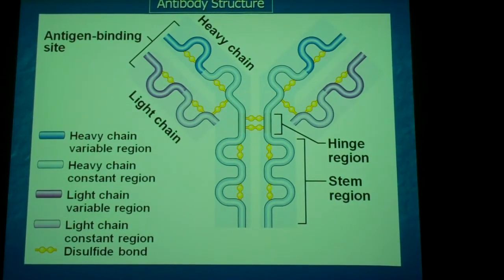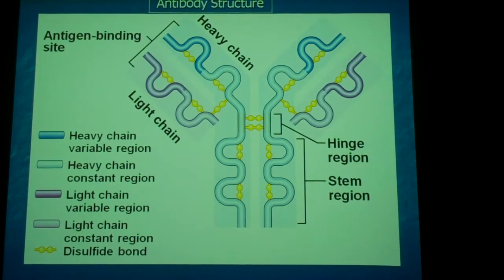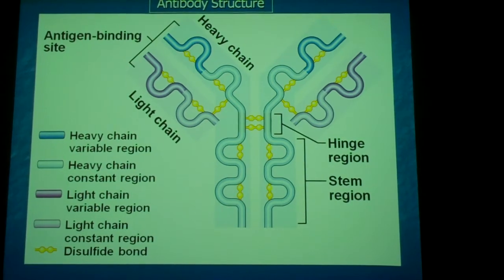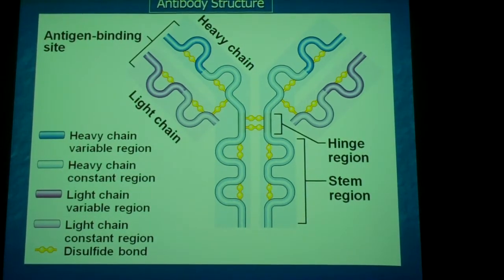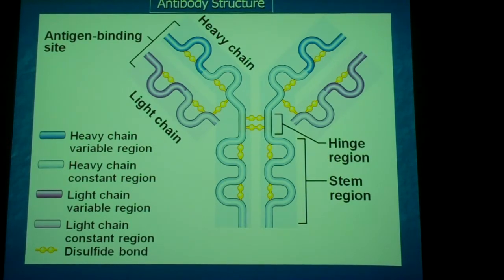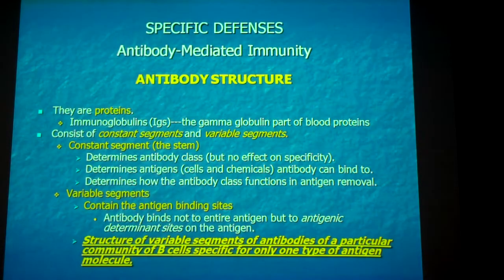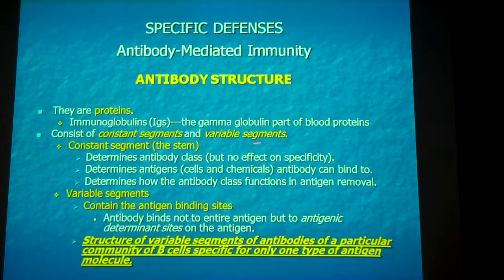Any other antigen won't act against it. So antibodies are specific against one particular antigen because they recognize only the specific molecular structure of the antigen they are specific for. So as we said, all antibodies are proteins. We looked at the constant and variable segments.